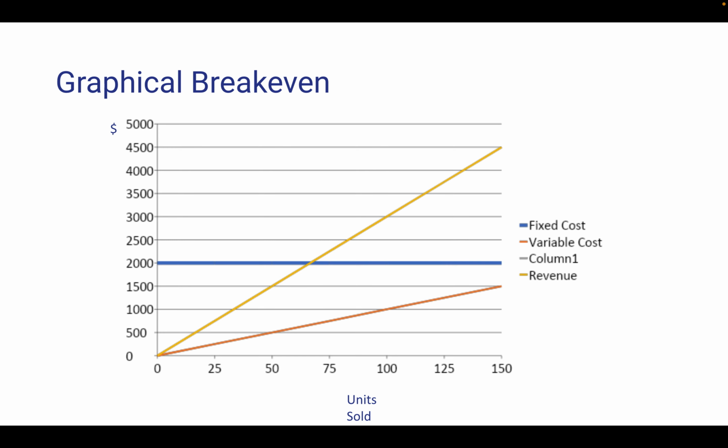My fixed costs in this model, these are just modeled numbers, are 2,000. So if I have 2,000 left to cover my fixed costs, then it hits that straight out. My guess at 100 was correct.